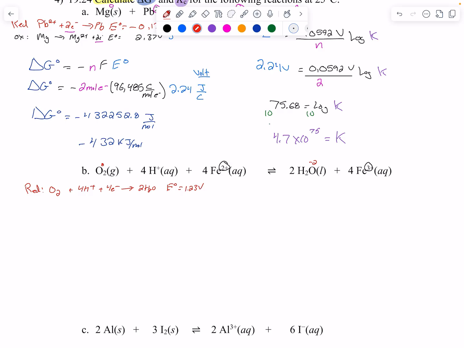And then we got iron 2 going to iron 3. We're going to do 4 Fe2+ going to 4 Fe3+ plus 4 electrons. So iron 2 to iron 3 is negative 0.77 volts.